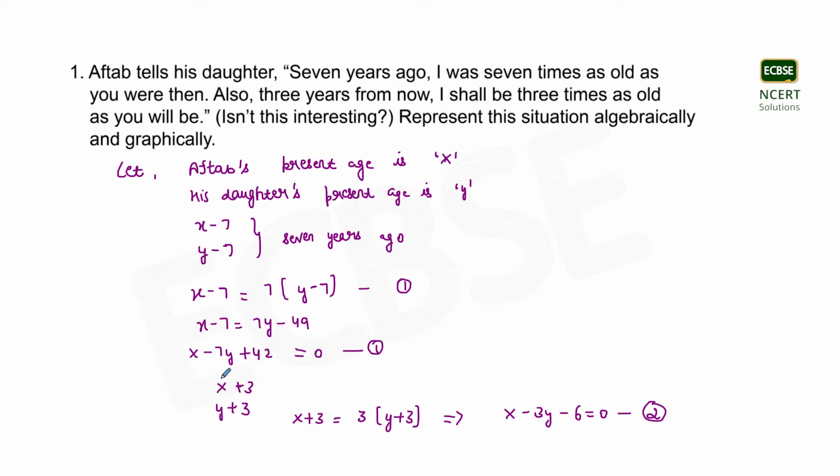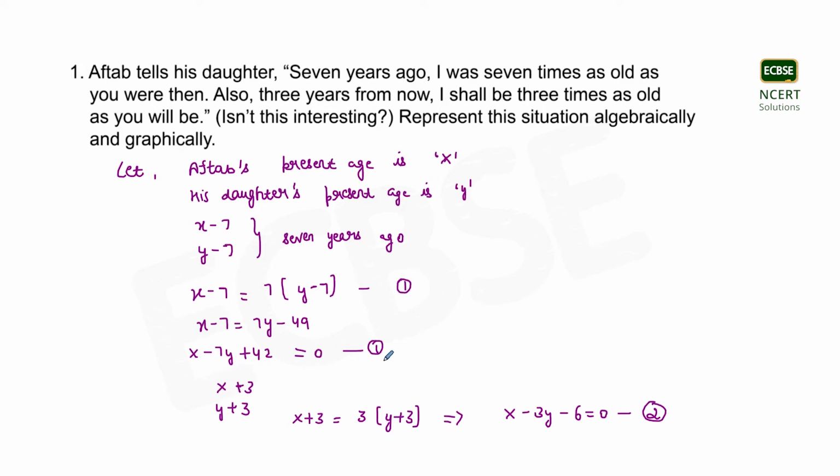That is, we have been able to achieve two equations from the data given in the question and represent them algebraically. Algebra basically refers to the form which involves variables and constants.